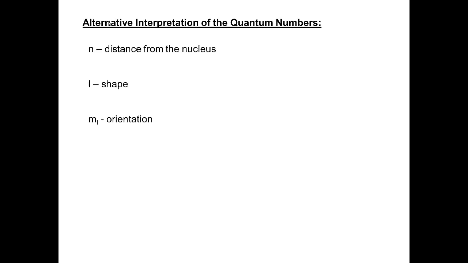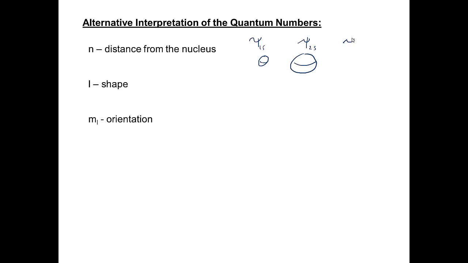So I'm going to talk to you real quickly before we finish up here about an alternative interpretation for the quantum numbers. This n quantum number that we call the principal quantum number shows you distance from the nucleus. The difference between a 1s wave function, which is just a small ball, and a 2s wave function is just size, or average distance from the nucleus.